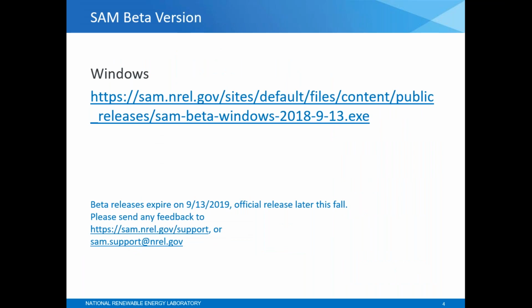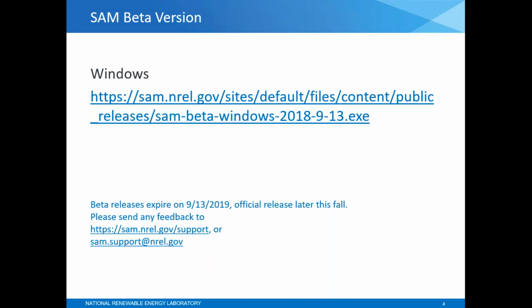I'm going to be discussing a new feature today that's in this SAM beta version. So if you're interested in trying it out, you can download this version. This is a beta version, so it has some bugs and is not fully documented, and it will expire in about a year.